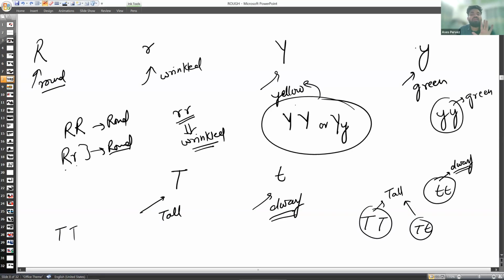Similarly, yellow can be obtained by capital Y, capital Y, or capital Y, small y. And green color will be obtained only when there is both small y. If there is even one capital Y, it will give yellow color.